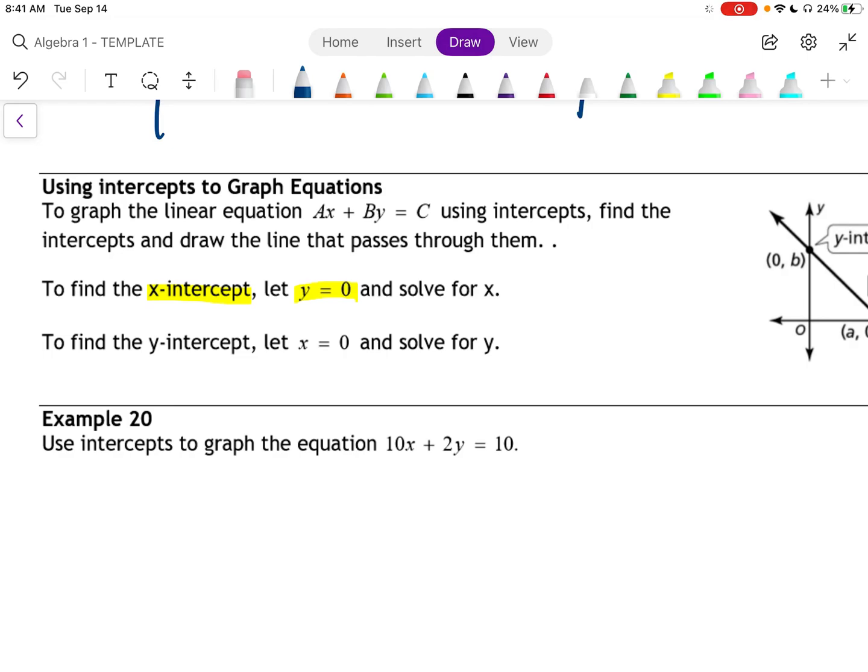So what you would do here is you'd say, well, ax plus b times 0 is c. And from there, that would be pretty easy to solve. Same way with the y-intercept here, it would be a times 0 plus by equals c. Right? And that should be relatively easy to solve as well.